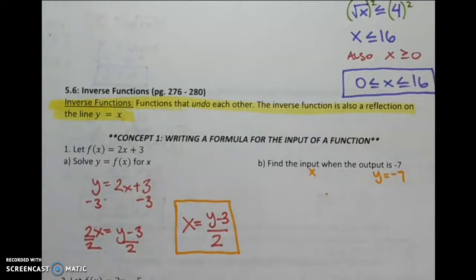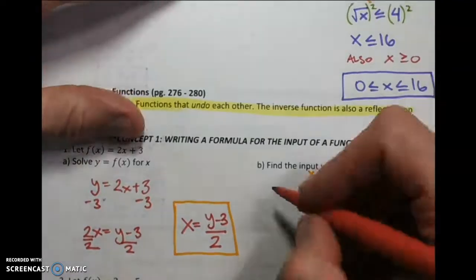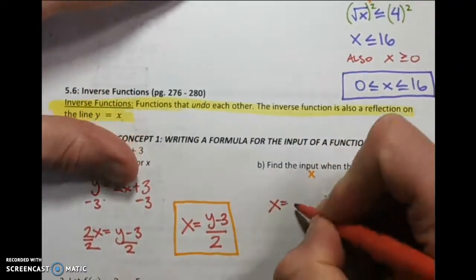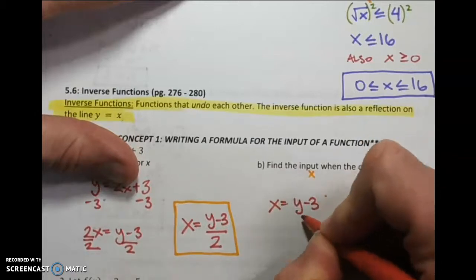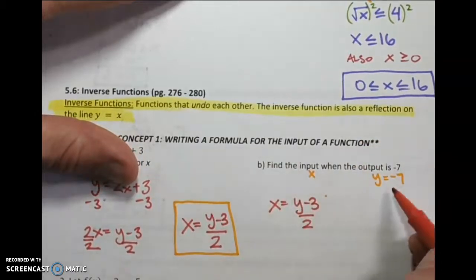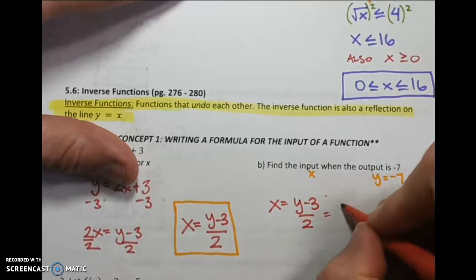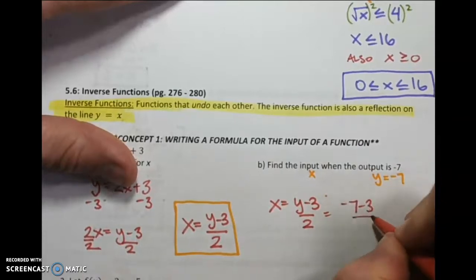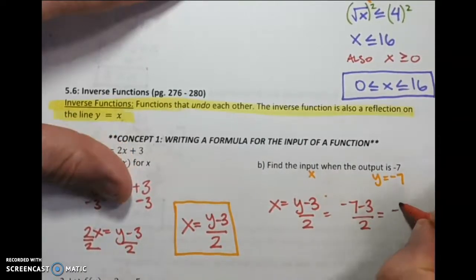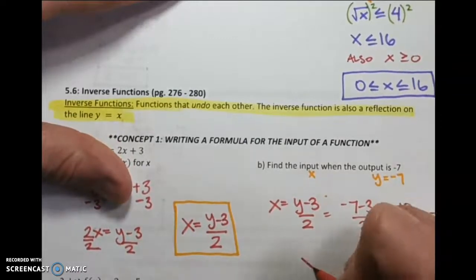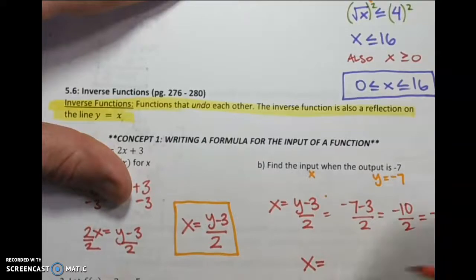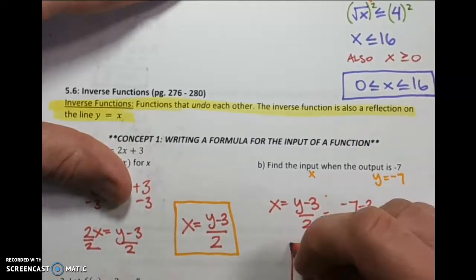So all I'm going to do is take this equation right here: x equals y minus 3 divided by 2, and I'm going to replace the y with -7 minus 3 over 2. That's -10 over 2, and that is -5. So x equals -5. Or, right, the input is -5.